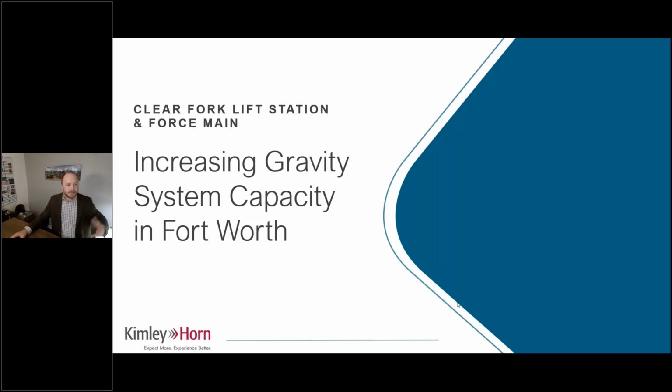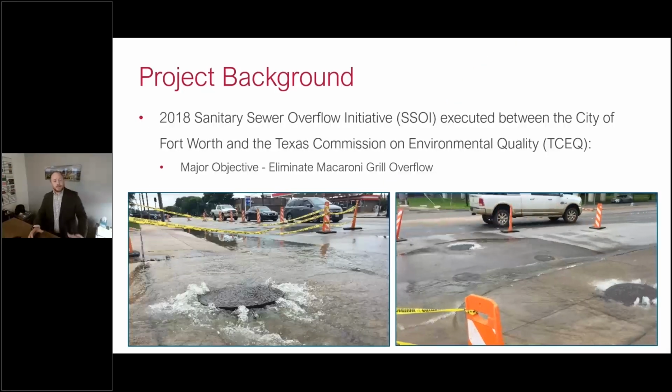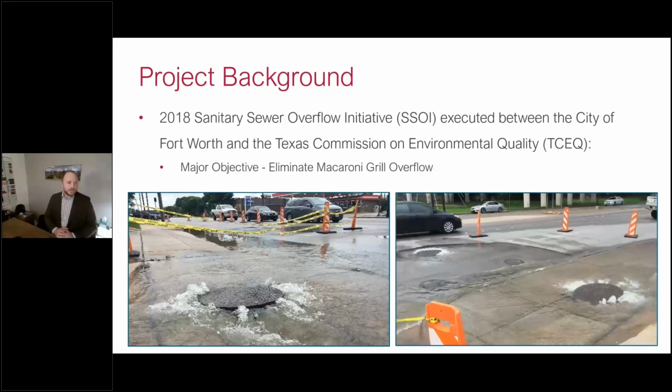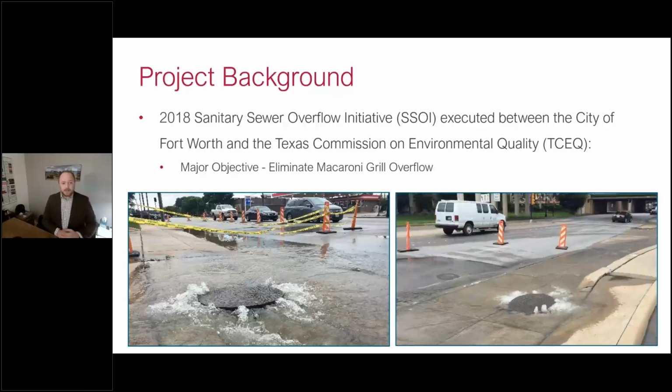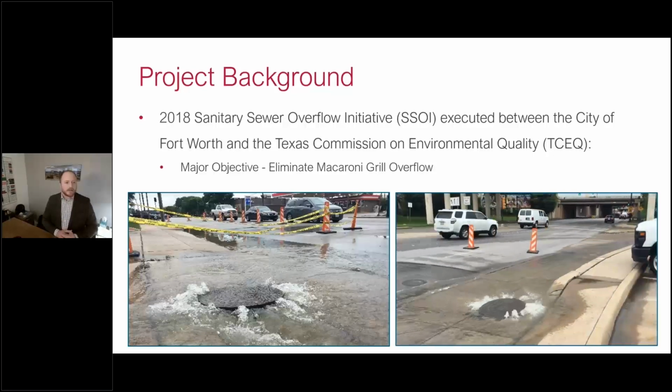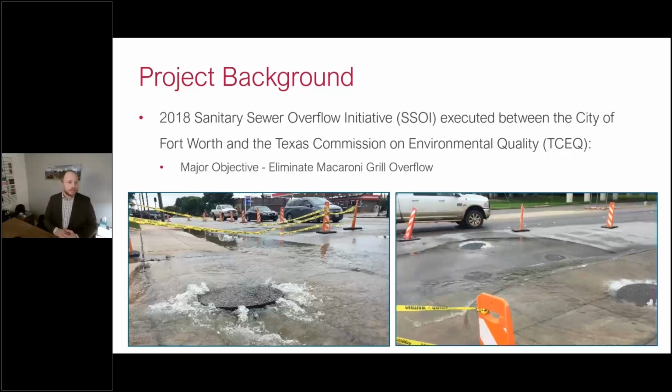So this project is in City of Fort Worth. It's just a little bit left of the Frisco one that Kyle just showed us. So this was primarily driven by sanitary sewer system capacity constraints, and so I'll get into the details of that going forward. So in 2018, the City of Fort Worth executed a sanitary sewer overflow initiative with TCEQ, which is kind of the EPA arm in Texas, kind of a precursor, you know, to avoiding a consent decree moving forward.